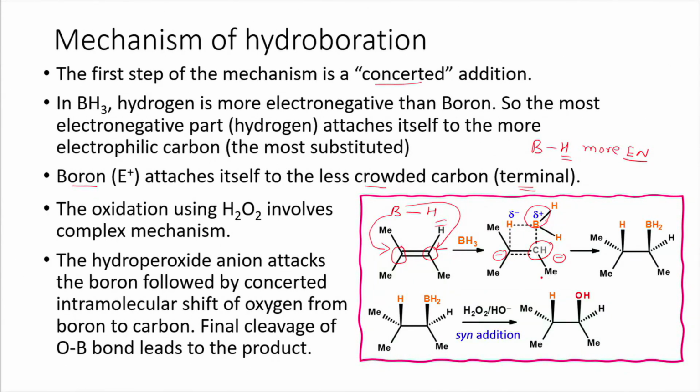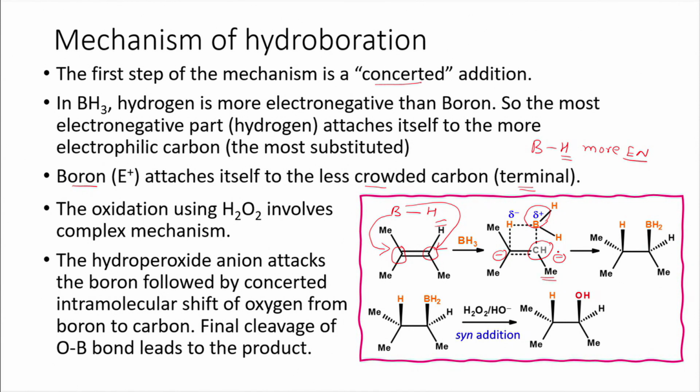A carbon with one methyl group can stabilize this particular negative charge. In other words, the electron density on this carbon is going to be high. So, the boron, which is electropositive, the electrophile, can easily attach itself to the carbon which has comparatively more negative charge.